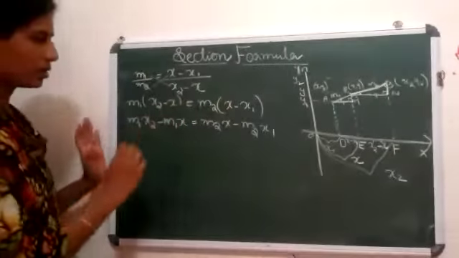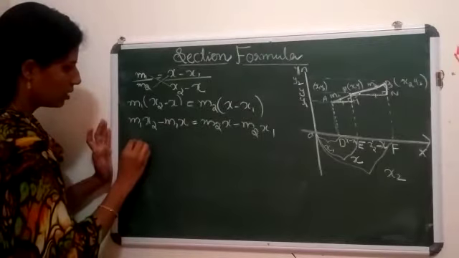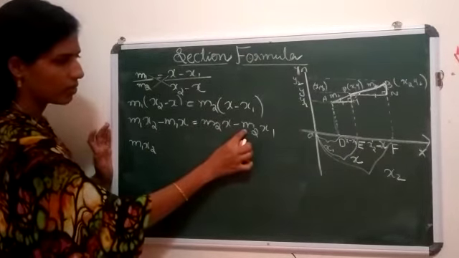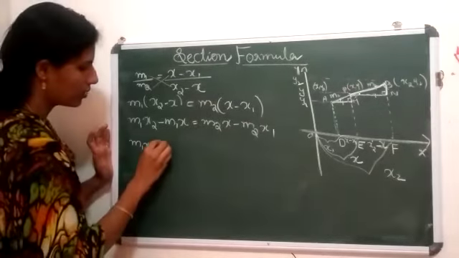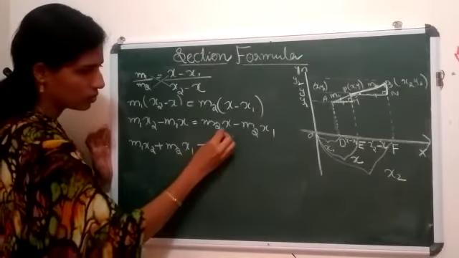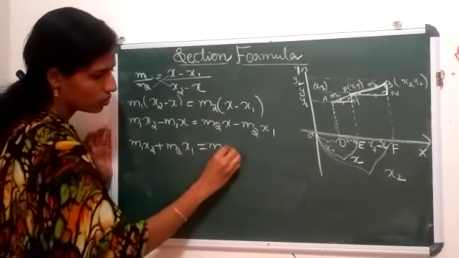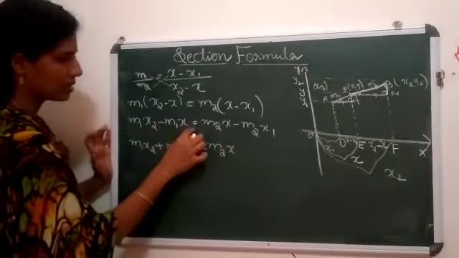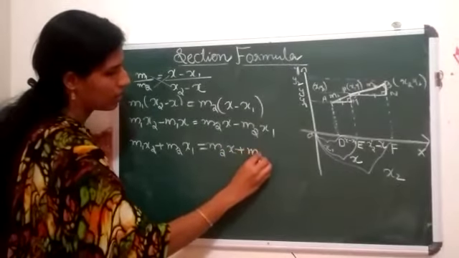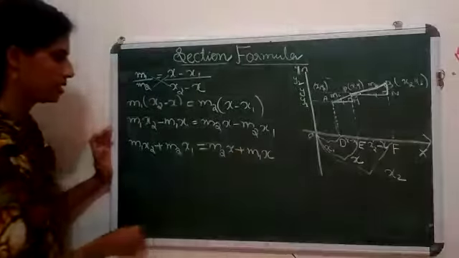Other terms are together. m1 x2, this minus m2 x1 moving to this side will become plus m2 x1, is equal to m2 x, this minus m1 x moving to this side will become plus m1 x.